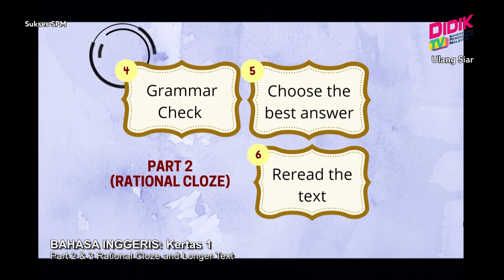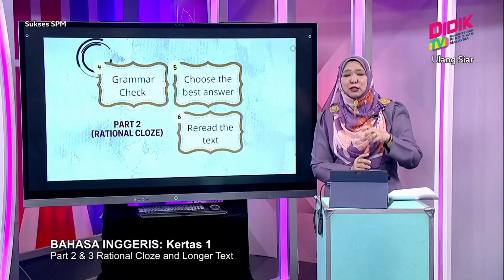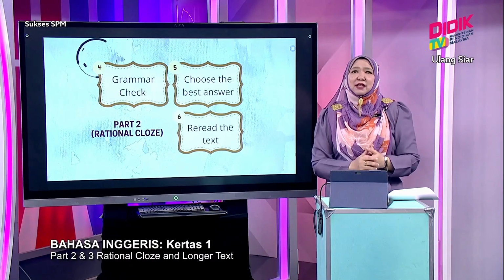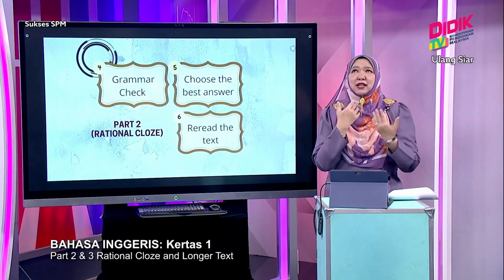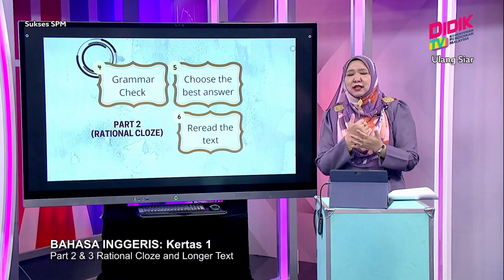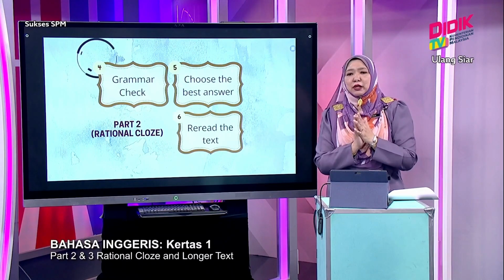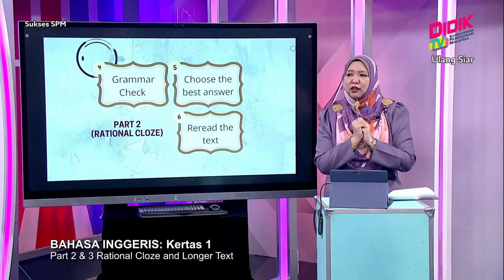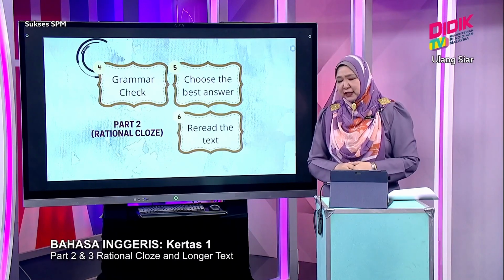Usually for one text, the tenses used are the same throughout, so you can use the sentences before and after to help you. Whether it requires tenses, verbs, or part of speech, you have to look at the part of speech, and then you also have to look at the vocabulary. So that is how you arrive at the best answer.